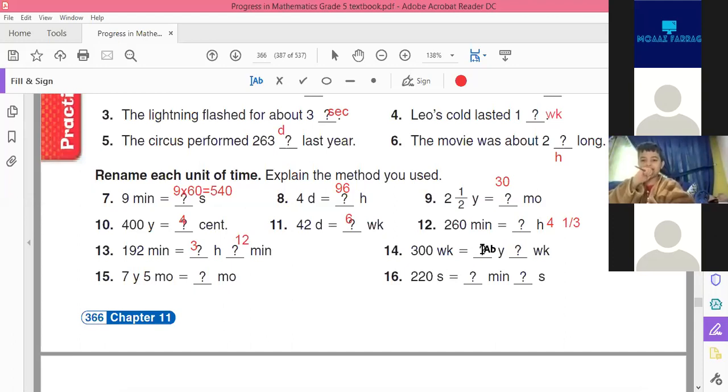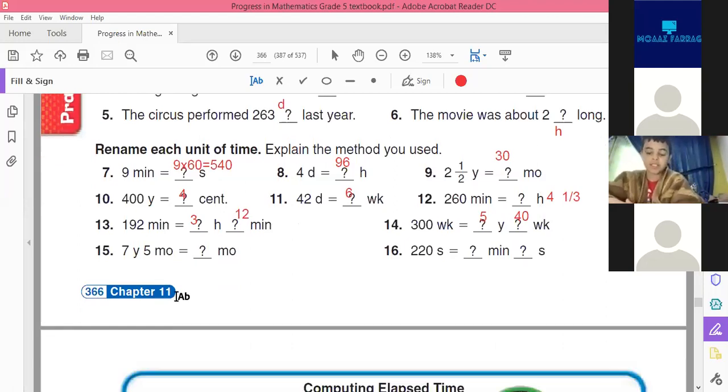In 7 years and 5 months, how many months total? First tell me, in 1 year, how many months? 12.